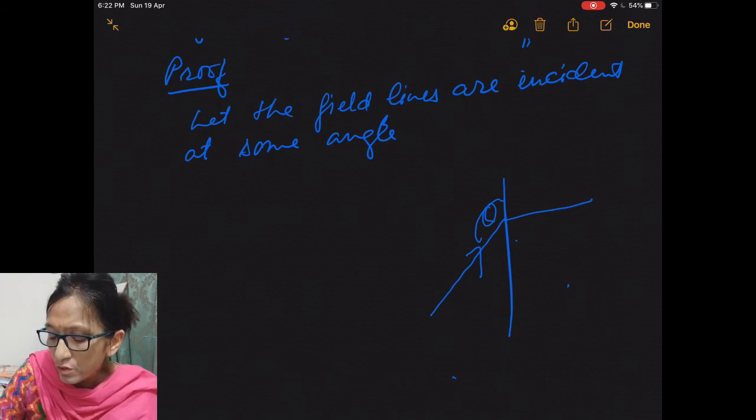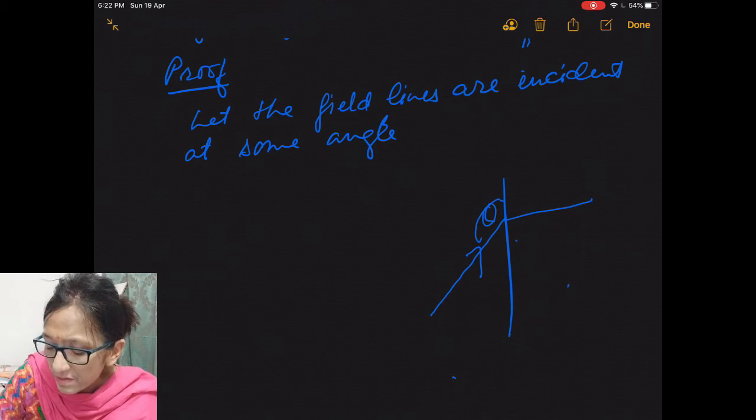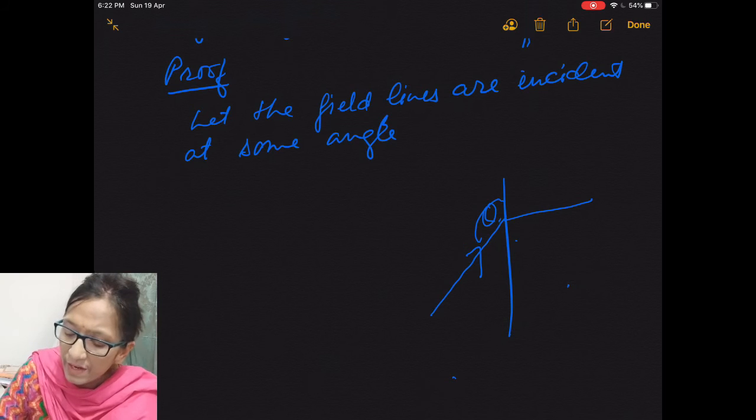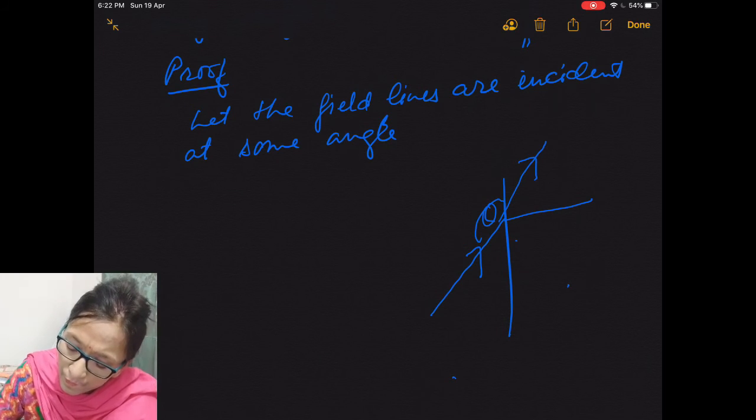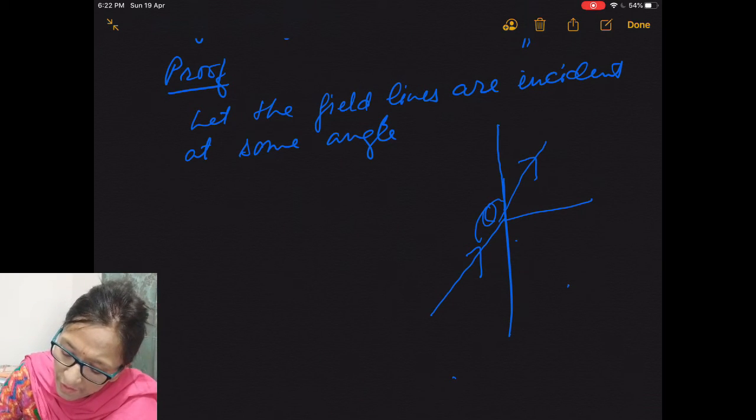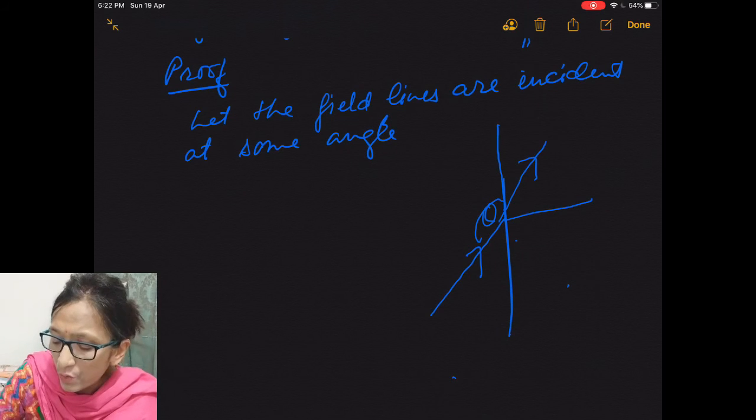It will have two components, a parallel component and a normal component. So let us resolve the electric field along the two directions.